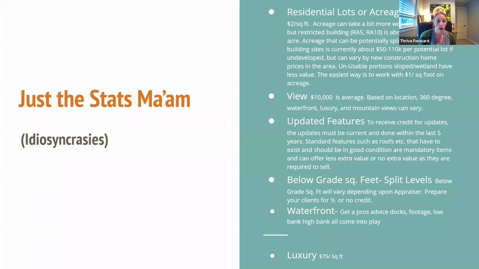Yes, that's correct. The unfinished space, I've seen some credit for those on some appraisals, very rare, but I'm going to give it to my clients. I'm going to get every value out that I can and try to force that appraisal to come to meet me, right? So unfinished square footage is $10 a square foot.